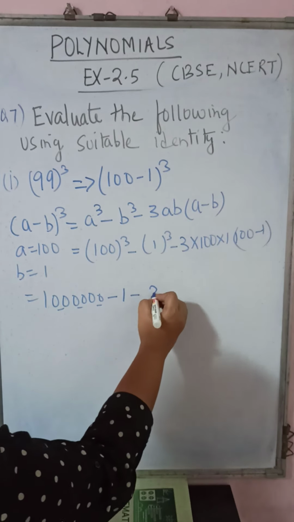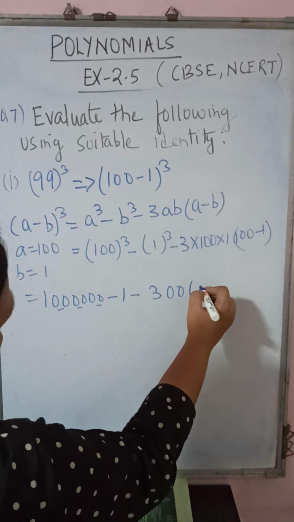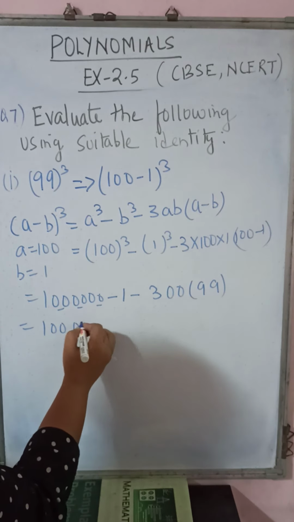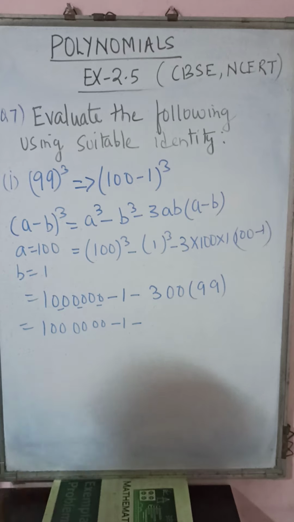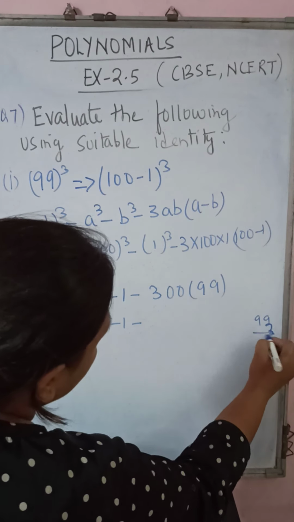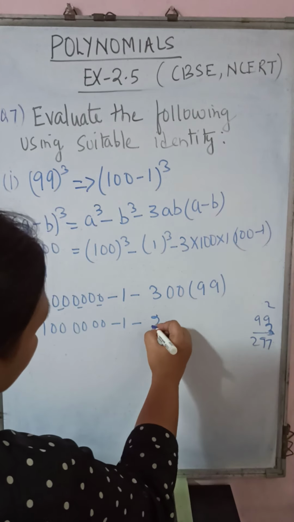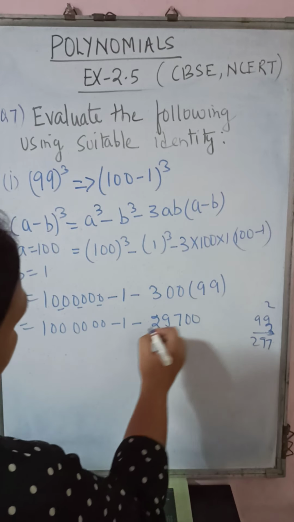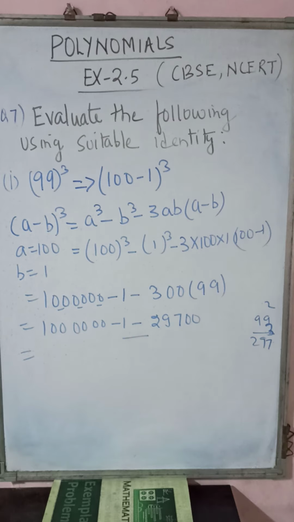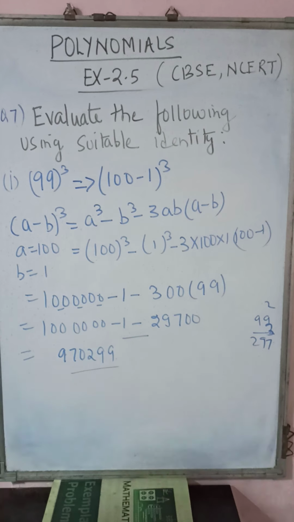Minus 1, minus 3 into 100 is 300, into 100 minus 1, that is 99. So 1 with 6 zeros, minus 1, minus 99 into 3. 3 9s are 27, 3 9s are 27, 28, 29, so 29700. Just solve and you will get the answer as 970299.